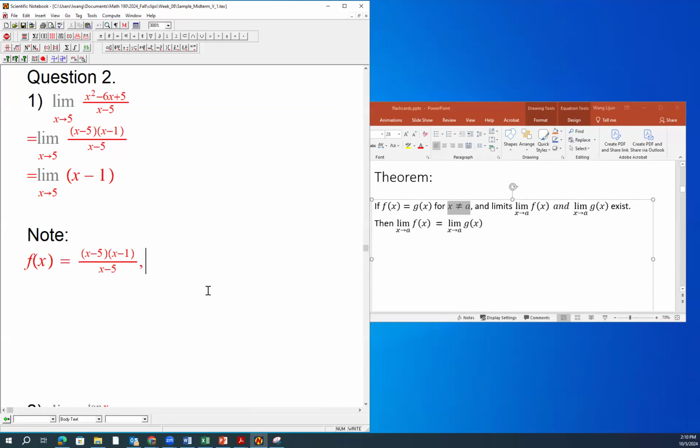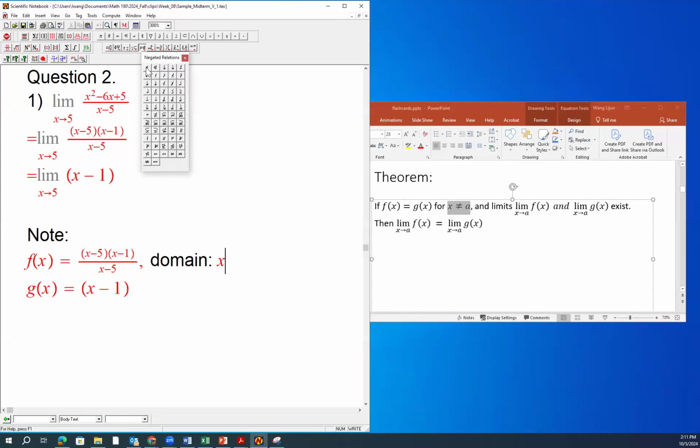Okay, and this other function, x minus 1, is a function g of x. Obviously, the domain of f is x not equal to 5, and the domain of g is all real numbers.